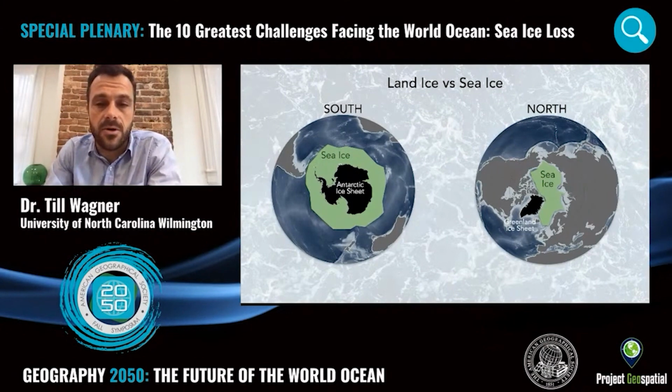The same is occurring in the Arctic. The Arctic basin is covered partially all year round in sea ice, and in the winter, the sea ice extends to the peripheral seas as well.